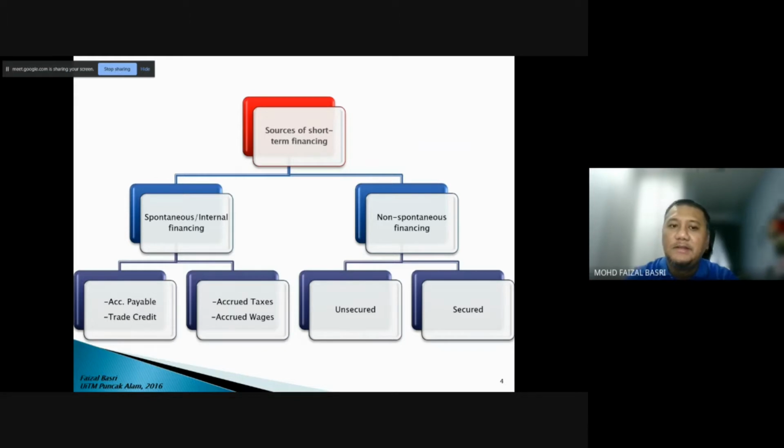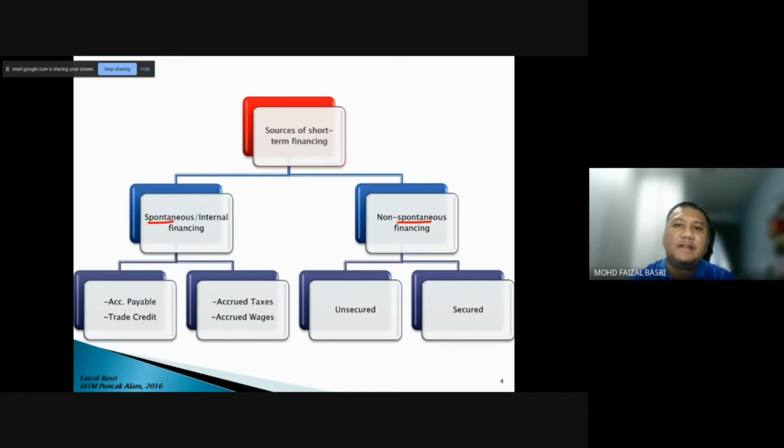And again, you've heard these terms before: the spontaneous and the non-spontaneous financing, or the sources of funding. In the topic of pro forma, if you recall, one of the steps to raise the funds, we have the internal and the external funding.